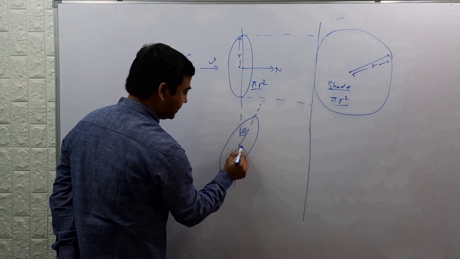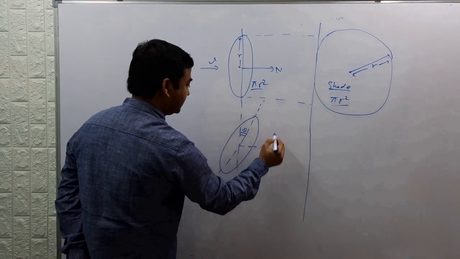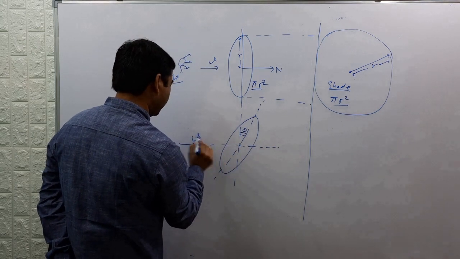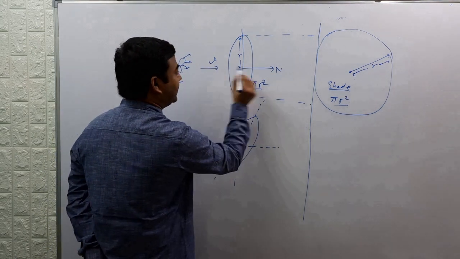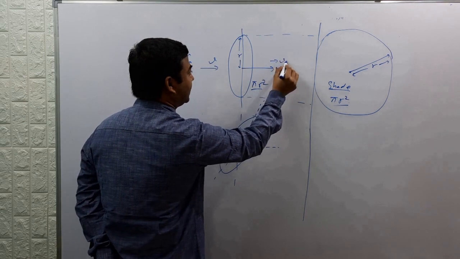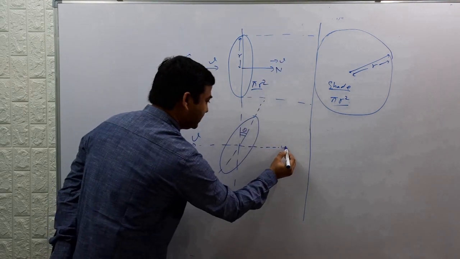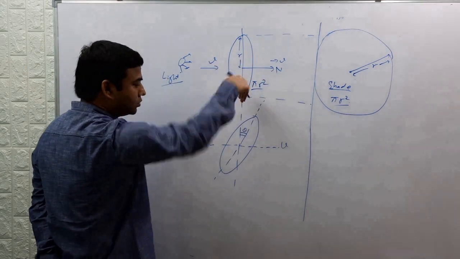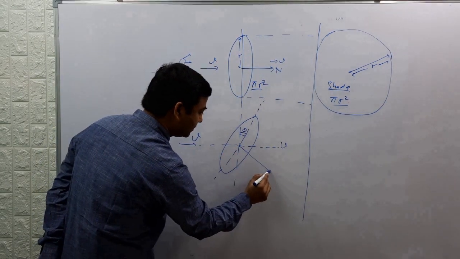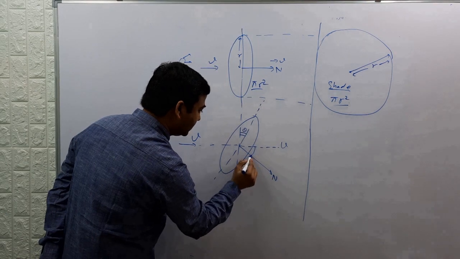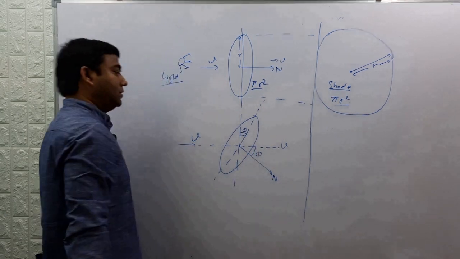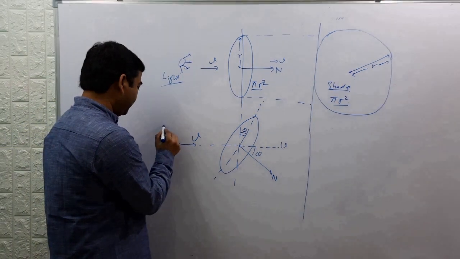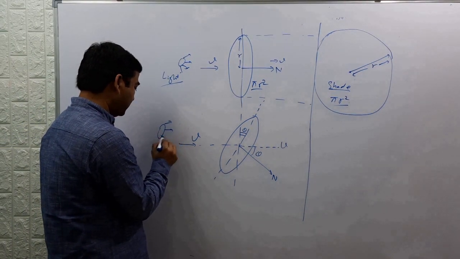This is the direction of V. Here V and n were both parallel. In this case, this is the direction of V, and n will also rotate by angle theta, so it will make angle theta with vector quantity V. Here you have placed the source of light.